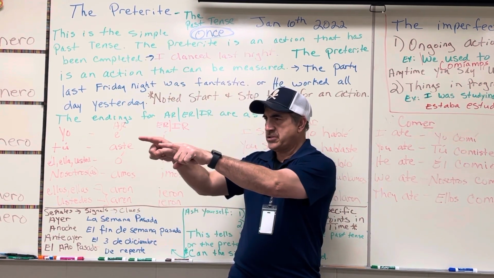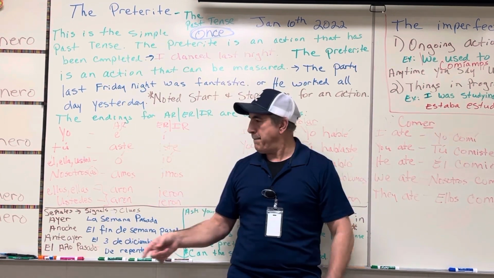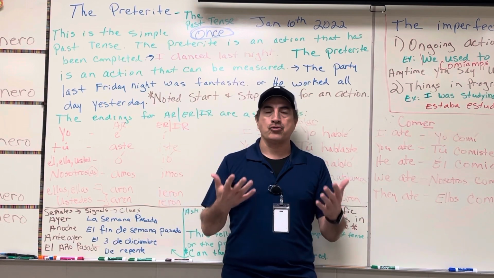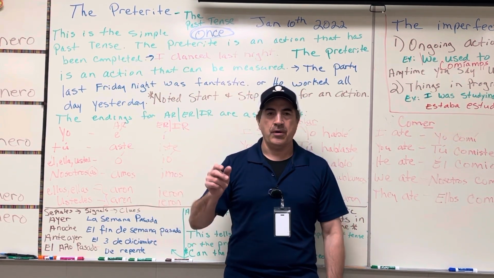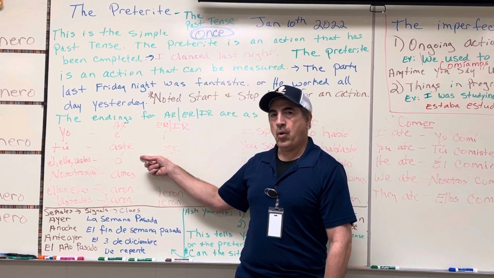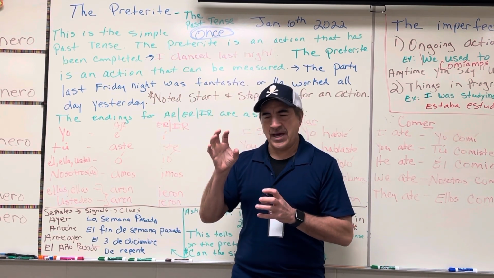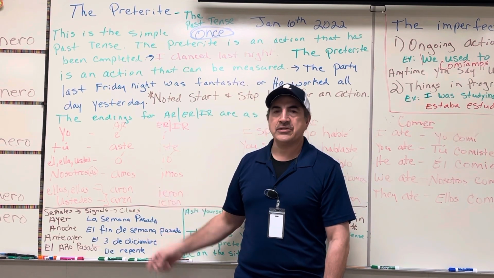And ellos, ellas, or ustedes bailaron. All you do is drop off the AR and you add these endings. So, bailar, scratch out the AR, and you add é, aste, ó, and you've got to stress that, amos and aron. That's the AR verb.